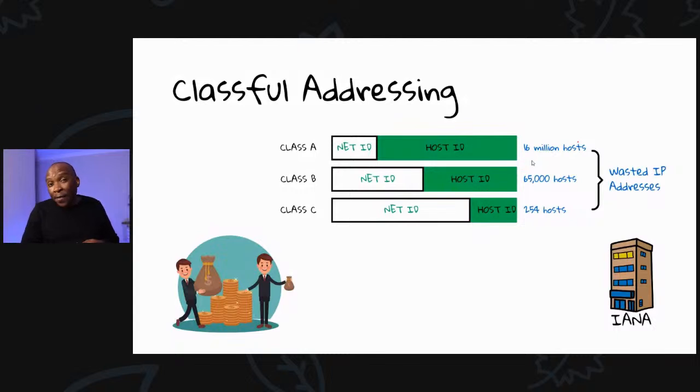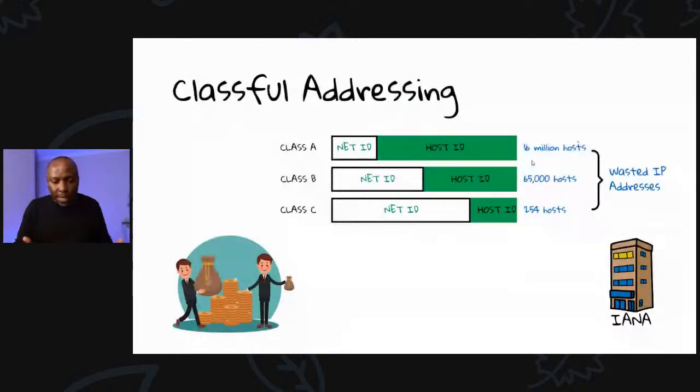Do you have 16 million devices on your network? Maybe not. So you have organizations that were involved at the beginning of the internet that took some of these large subnets as sectors that they're not using, and there isn't enough, right?